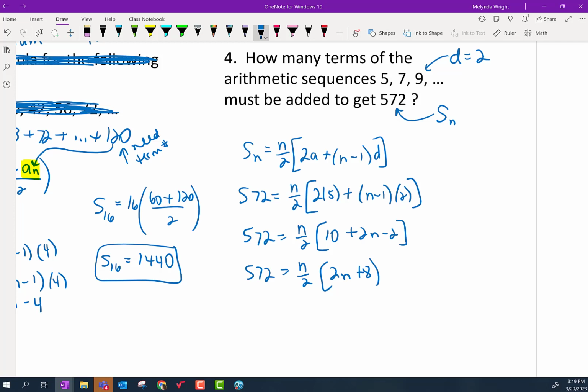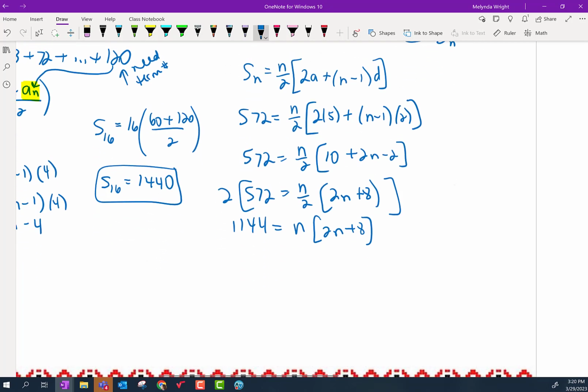Now there's several ways to solve this. I'm going to be honest, I don't really prefer working with a fraction, so what I would do is multiply both sides by 2 to get rid of the fraction. That leaves me 1144, and 2 times a half is 1, so n times 2n plus 8. That makes me happier.